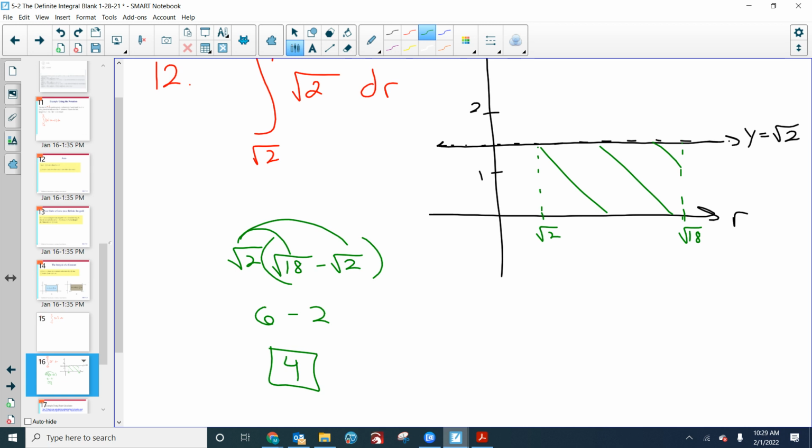That was 12. 15, did you recognize it was a semicircle? It said use the graph of the integrand. Integrand is the function, and areas to calculate. Did you recognize that was a semicircle? We've done that one quite a bit this year.